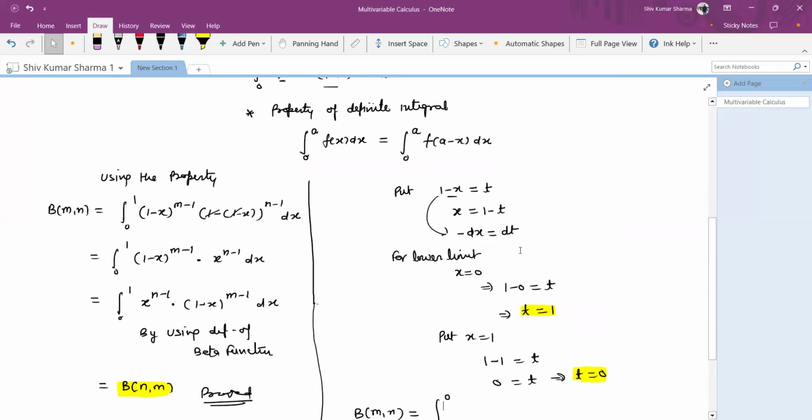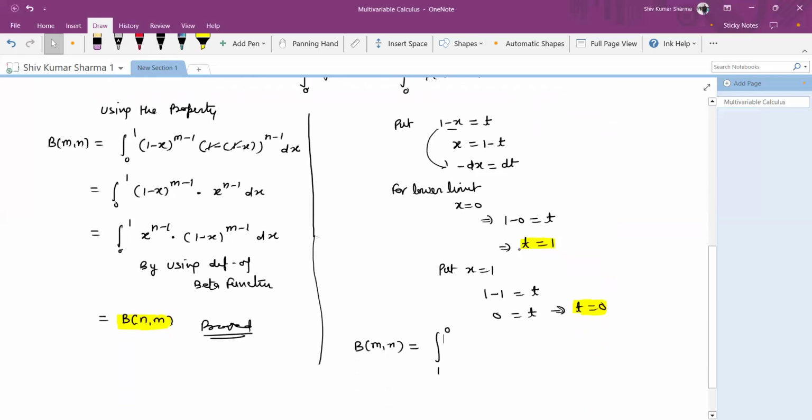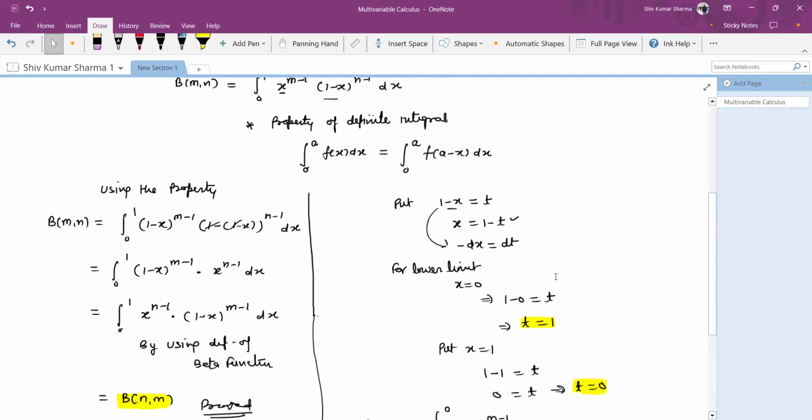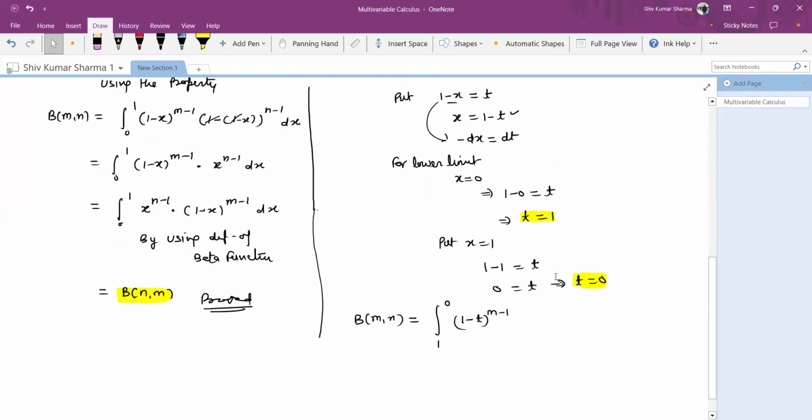So x is equal to 1 minus t, and we write this as 1 minus t raised to the power m minus 1. The second term is 1 minus x raised to the power n minus 1. What is 1 minus x? 1 minus x means t, so t raised to the power n minus 1.